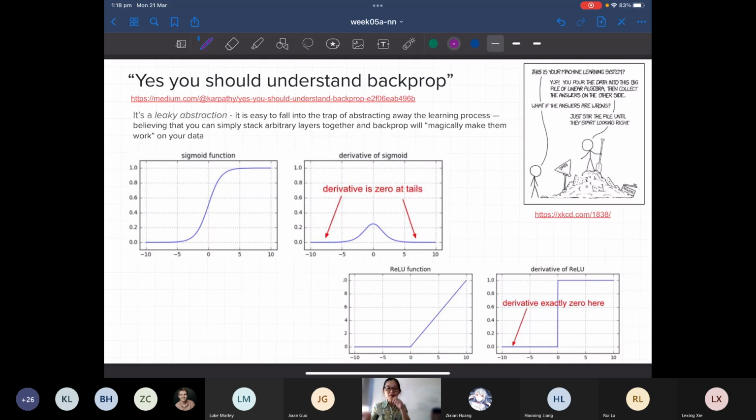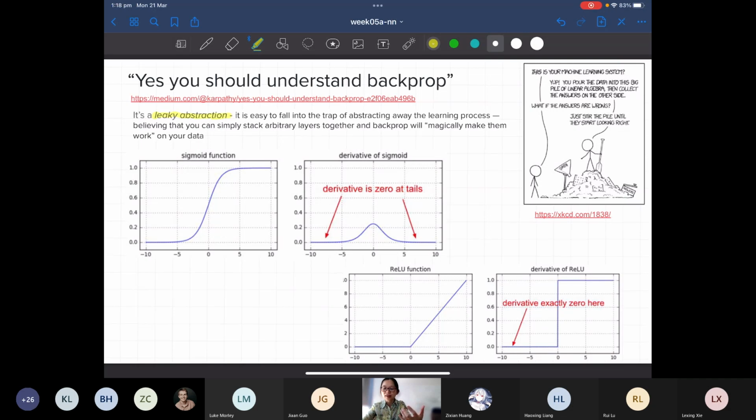There is this Medium post by Andrej Karpathy, who also did one of the first very popular deep learning courses at Stanford, which is very good. Backprop and neural networks in general are a very leaky abstraction, meaning just knowing the term backprop does not expose us to the inner workings.